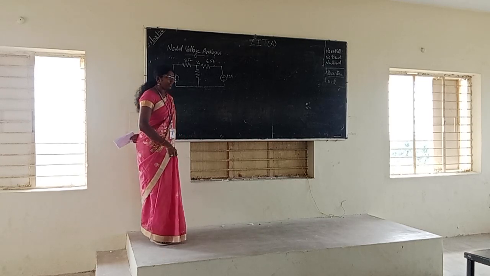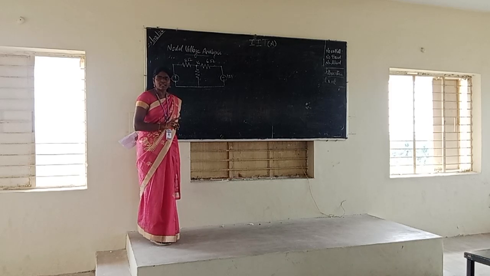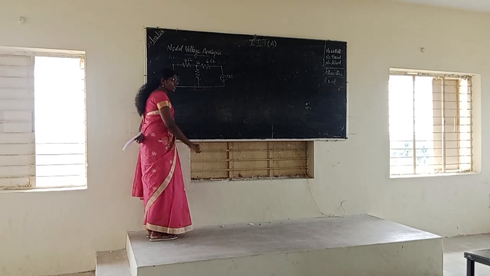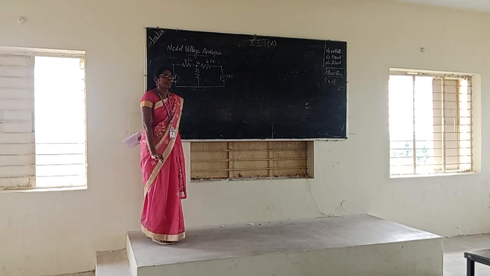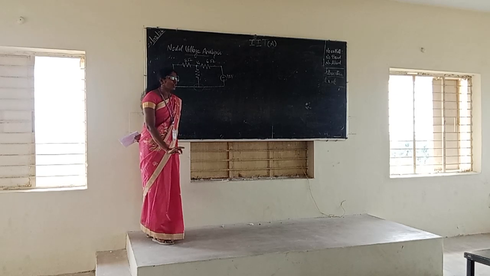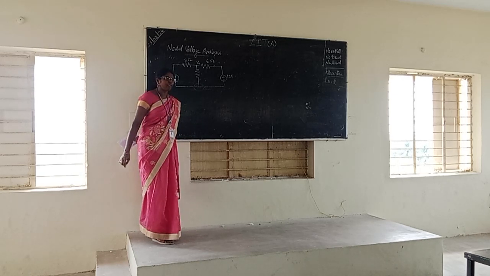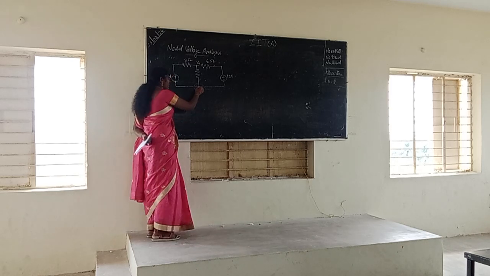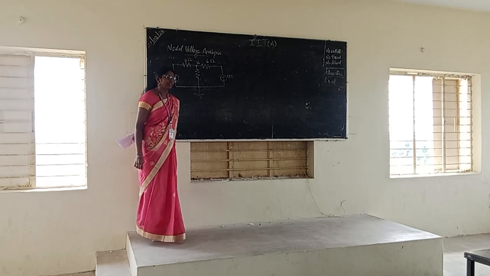After identifying the reference node, since it is one node, we have to take that other end as the reference node. In order to calculate the current, we are going to assume the flow. So let's take this as the reference node. After identifying the reference node, you have to connect it to the ground.